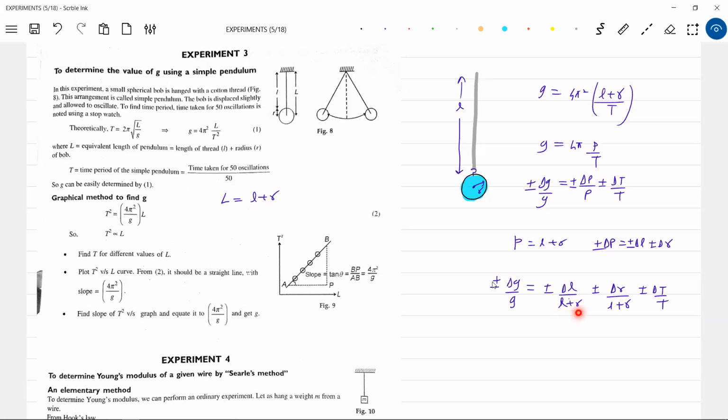In most cases, we assume that the radius of the bob is negligible compared to the length. In that case, the expression will become T square equal to something.